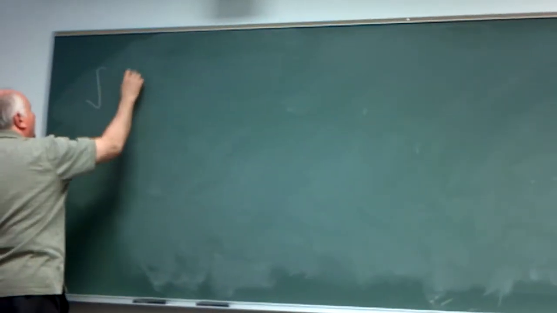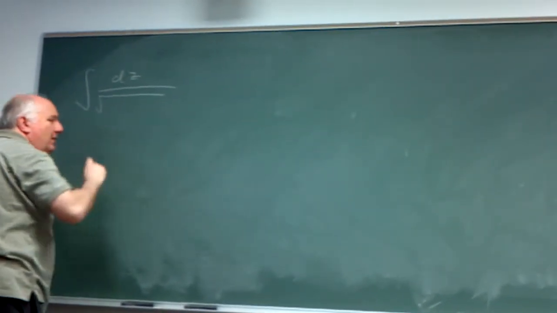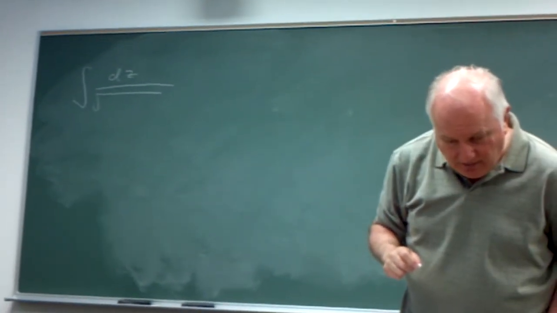So that was the one with the dz over the square root? Was that 31? 31 is 4 over the square root of 2z minus z squared. So the 4 is not too important, but it's there.